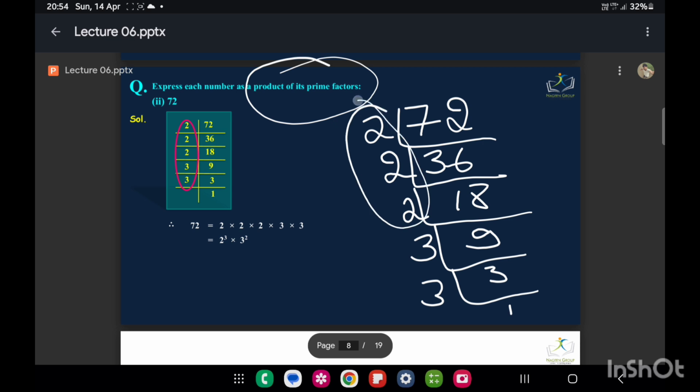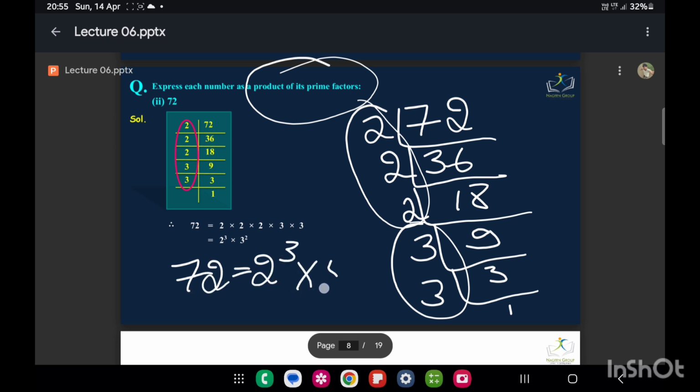So 2 is repeated 3 times, 3 is repeated 2 times. So we can write 72 equals 2 power 3 into 3 power 2.